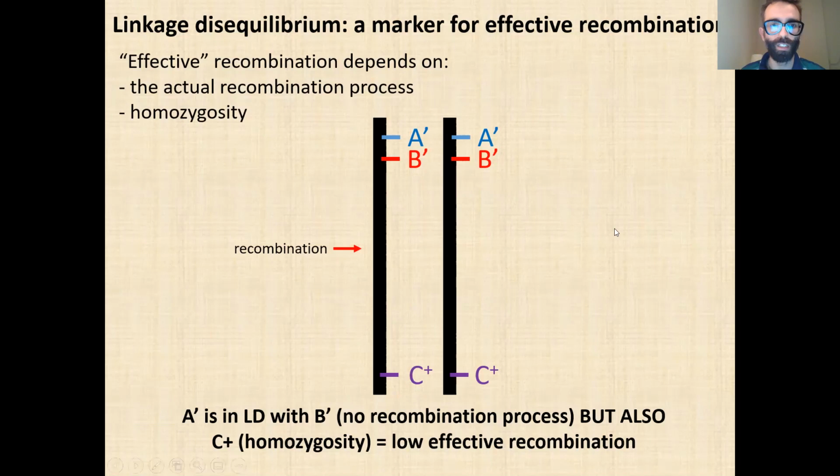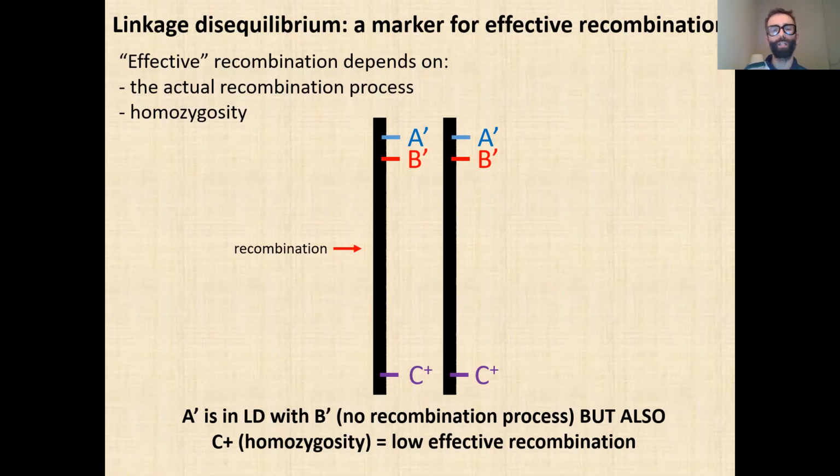Even if physically recombination happens, it's not going to help mix alleles or create different allele combinations, because there are simply no different alleles to make different combinations. Everything is homozygous, so even if C plus is recombined with the other chromosome, which also has C plus, nothing will change. The recombination will simply be useless.